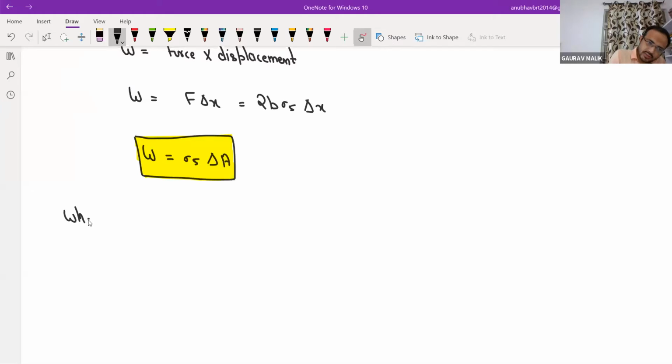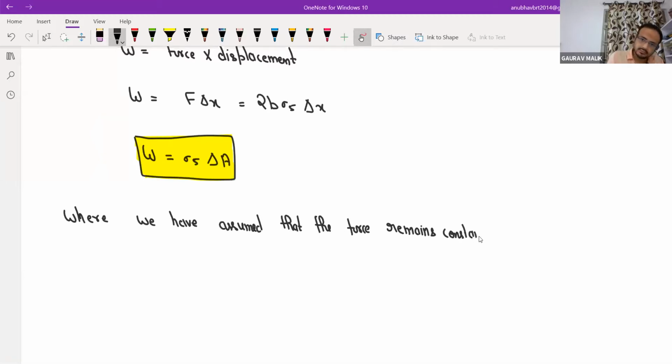And here we have assumed that the force remains constant over the small distance.